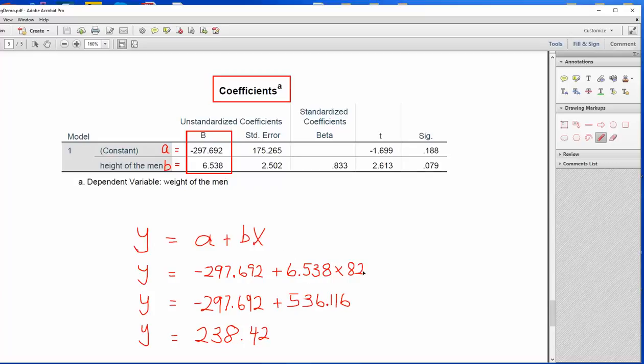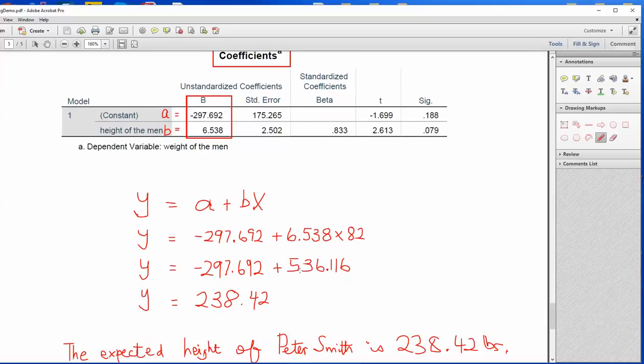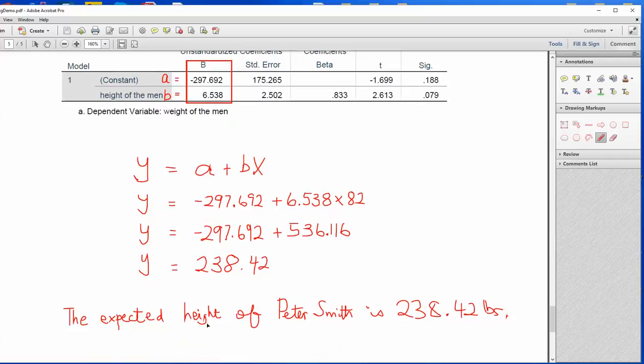Times 82 is the 82 inches of Peter Smith. Now if you work that analysis, you eventually end up with y as 238.42. So the conclusion is that the expected weight of Peter Smith, who is 82 inches, is going to be 238.42 pounds.